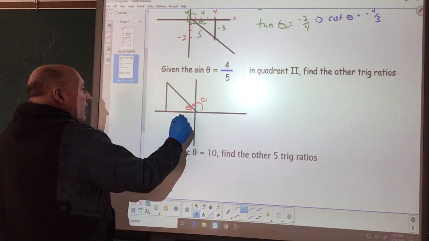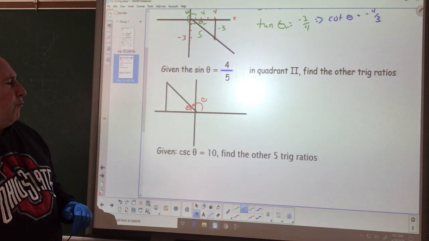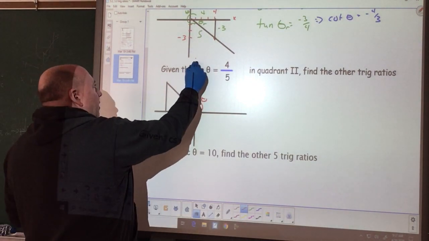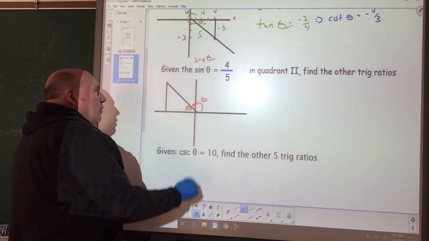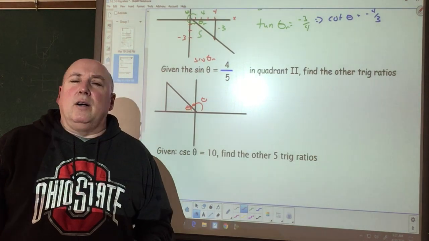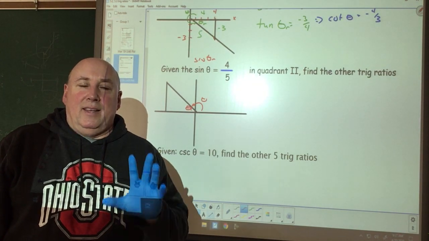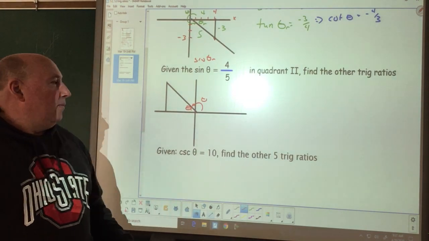Here's my reference angle. The sine of this angle theta is equal to 4/5, which is also the sine of our theta reference. And once again, if I'm going too fast here, just hit pause and I'll shut up, and then you can catch back up again.